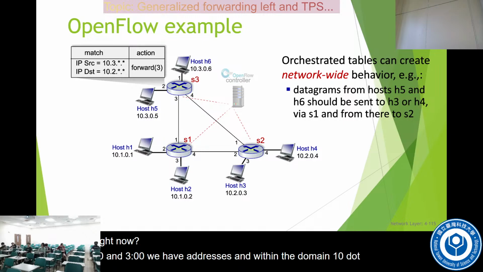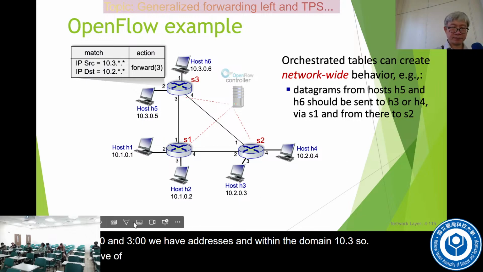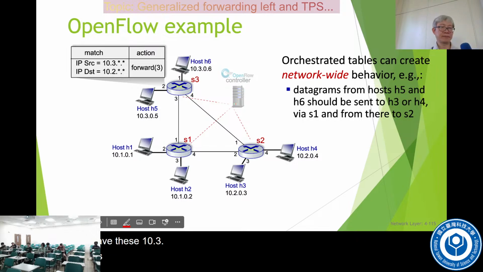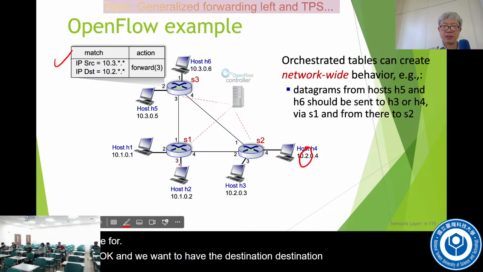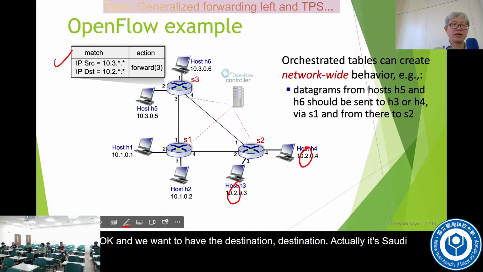So these are addresses. For 5 and 6, it's okay. And we want to have the destination. The destination is actually a subnet here. So it's okay as well.